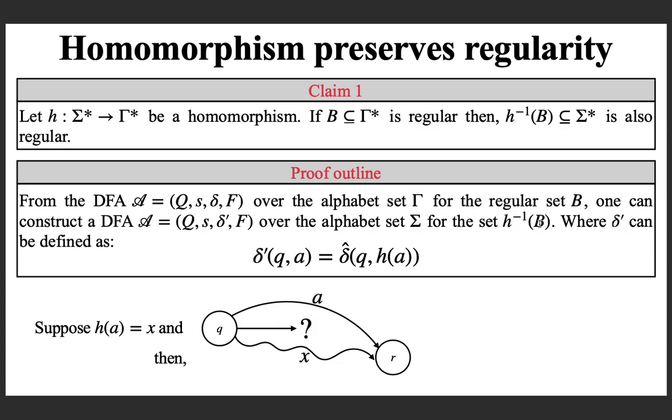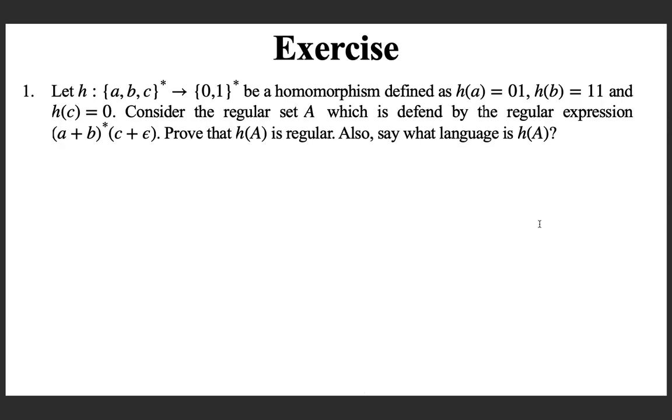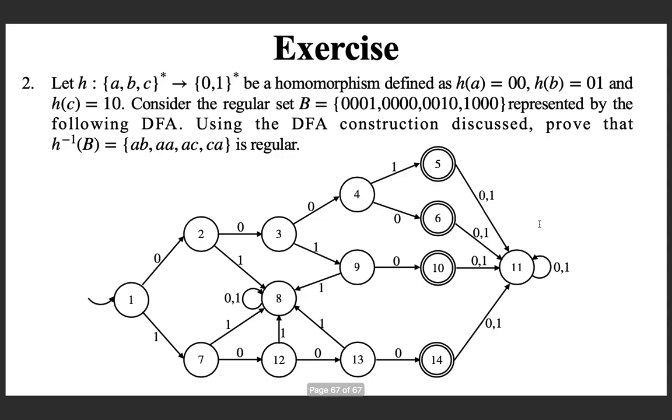And with this we are finishing this lecture, and I am giving you two practice problems for you to try and understand what we did today. There are two problems given. You can see them offline and try to find a solution for each of these problems.